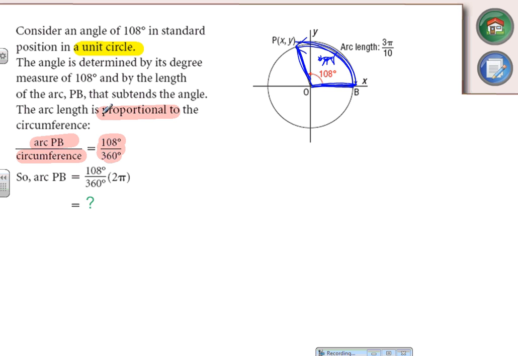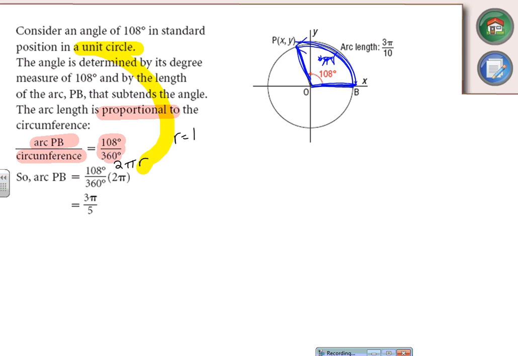The arc length is the proportion of 2 pi r, but my r is the unit circle. R equals 1. So my proportion is 108 divided by 360 times 2 pi. The radius was 1. So that gives us 3 pi over 5.